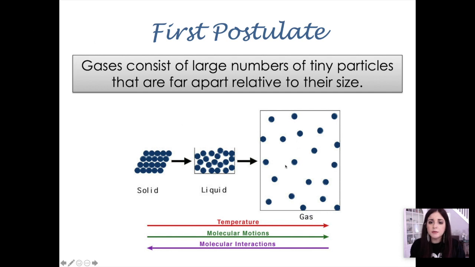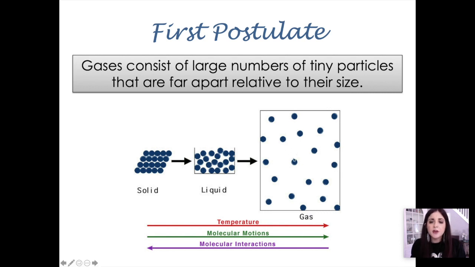So the particles themselves are very, very small, but the spaces between the particles are very big. I don't know why, but this number is really sticking out in my brain. I believe I read somewhere that the space between the particles is about 4,000 times the width of the particles themselves. So the space between them is much higher than it would be for solids and liquids.